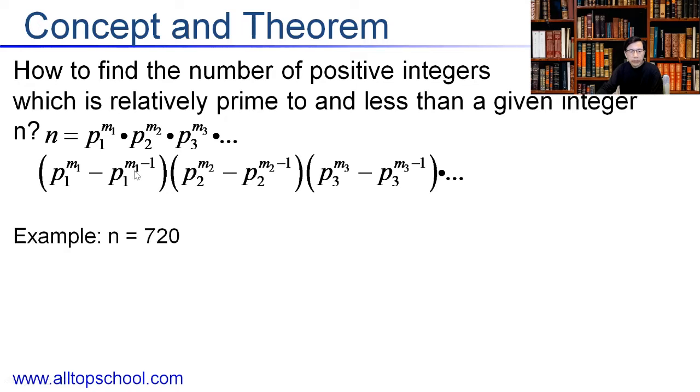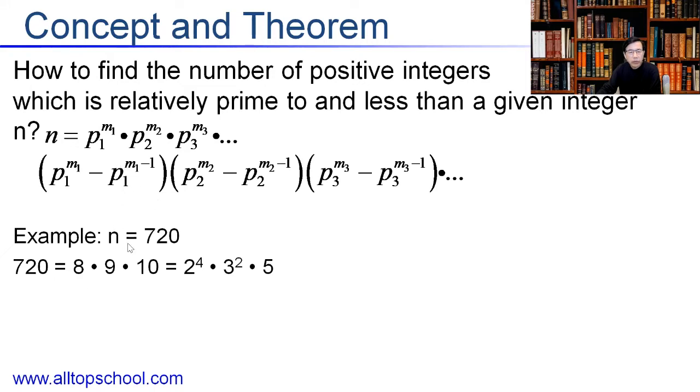Let's give an example, n equal to 720. You can factor 720 into 2 to the 4th times 3 squared times 5, from 8 times 9 times 10. How many numbers are relatively prime to 720 and also less than 720?